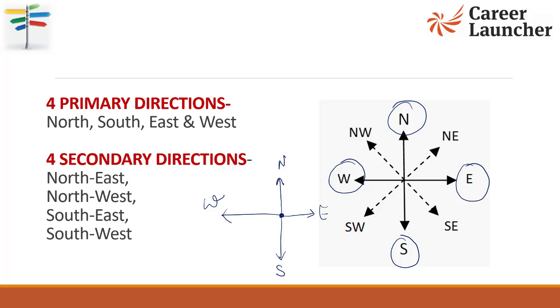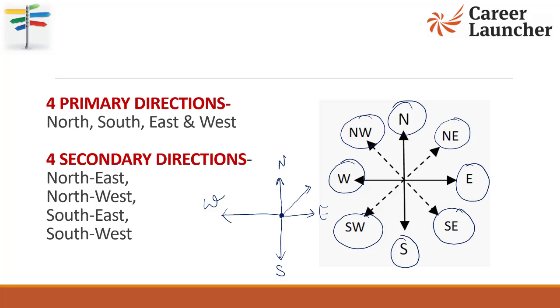Apart from these primary directions, there are four secondary directions also, which happen to be in between the primary directions. So exactly between north and east, we can find northeast. Between north and west, we can see northwest. Southwest comes between the south and the west, and southeast comes between the south and the east.